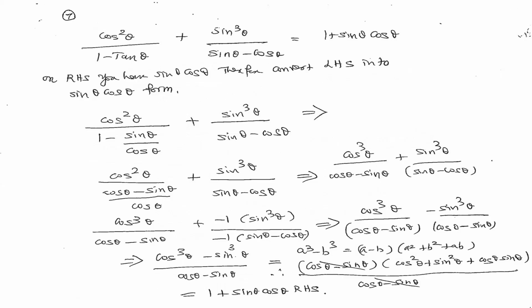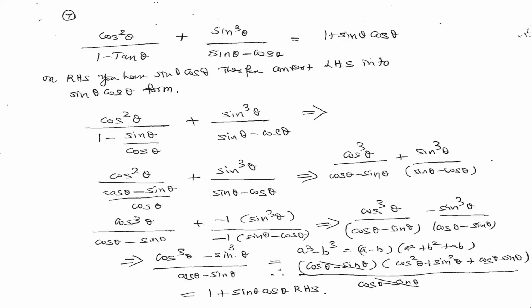In the next slide, problem 7, we have cos squared theta by 1 minus tan theta plus sin cube theta by sin theta minus cos theta to be proved as 1 plus sin theta cos theta. On RHS you have sin theta cos theta, therefore convert LHS into sin theta cos theta form.